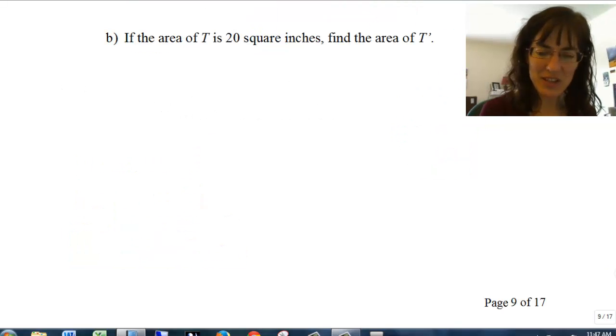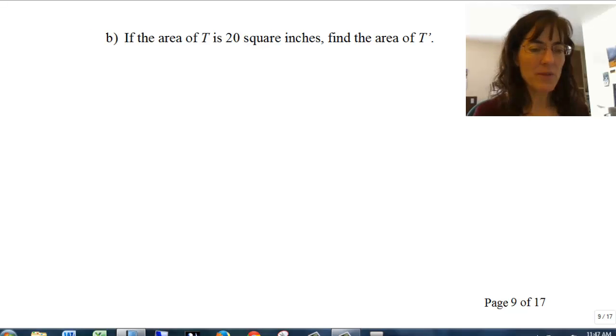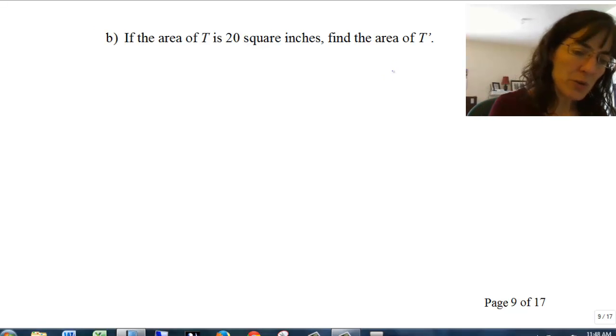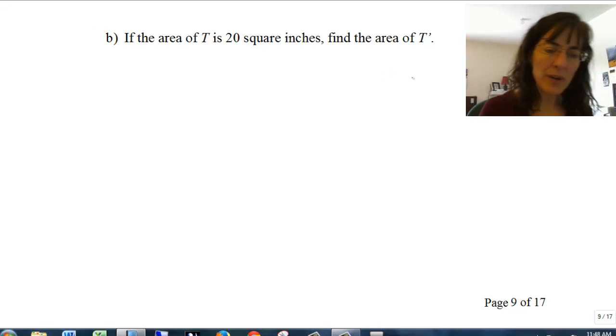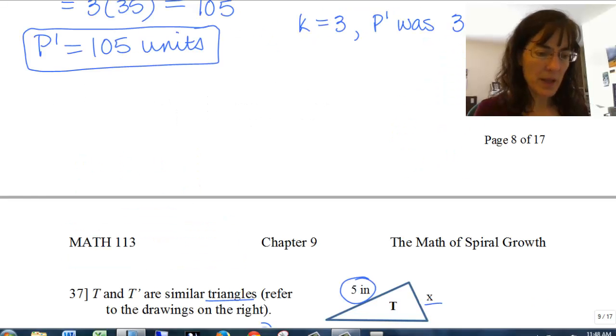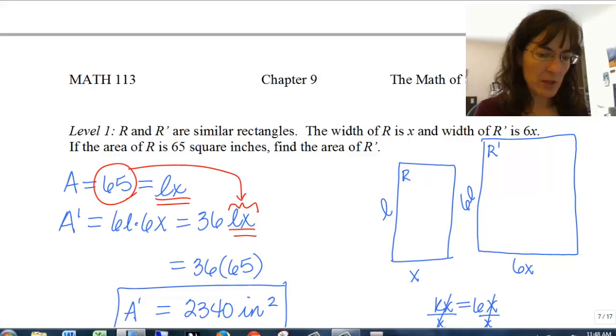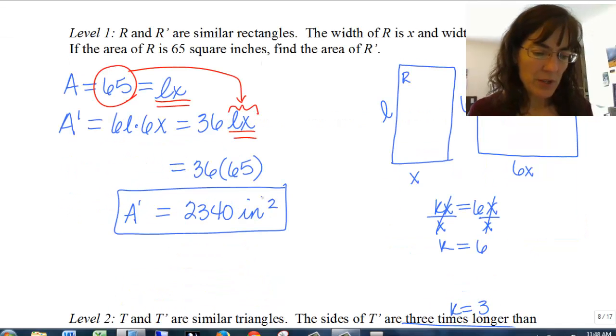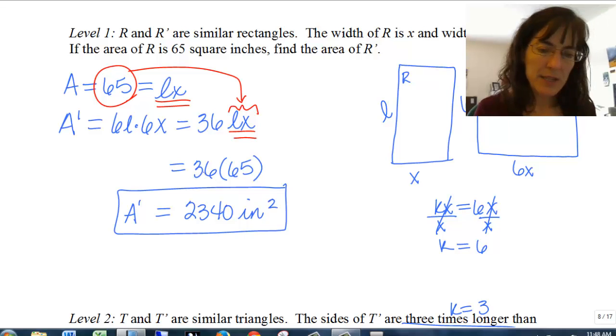Let's look at the area then. If the area of T is 20 square inches, find the area of T prime. So for T, I want to go back and look. Now we're talking about area. Let's see what we did with area. So here's perimeter, here's area. So area is 2340 inches squared, and what is my K?